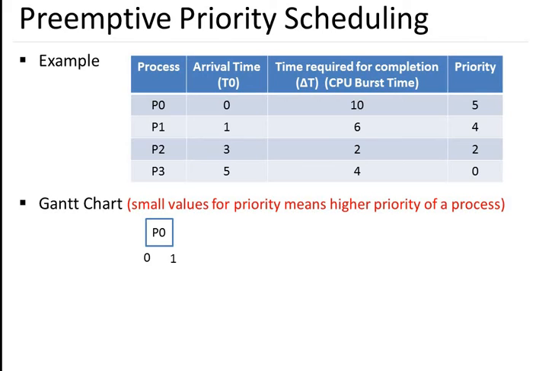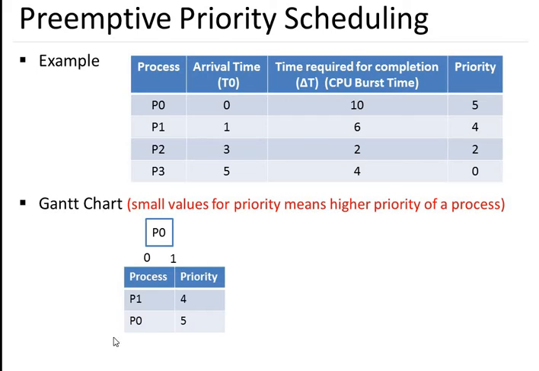Process P1 arrives at time t equals 1 with burst time 6 and priority 4. Now just compare: the priority of P0 is 5, and the priority of P1 is 4. That means the newly arriving process, P1, has higher priority.